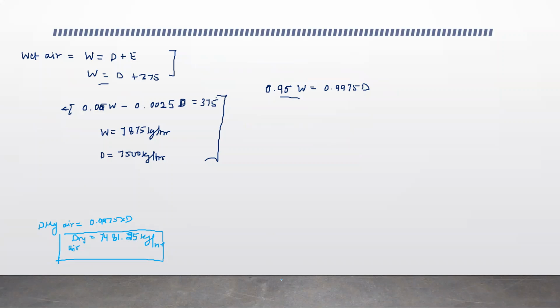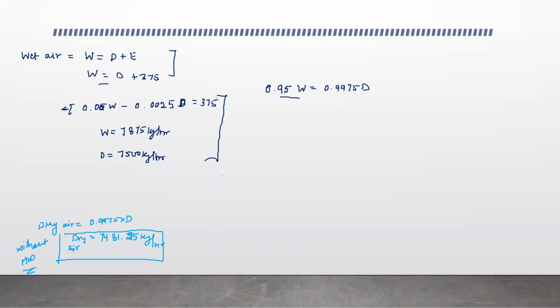Since we have to calculate the amount of dry air, and there is 0.25% moisture in dry air, it contains 99.75% dry air. So 0.9975 into D gives us the dry air without water.